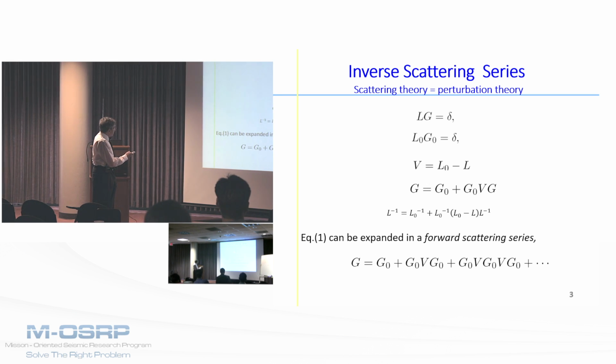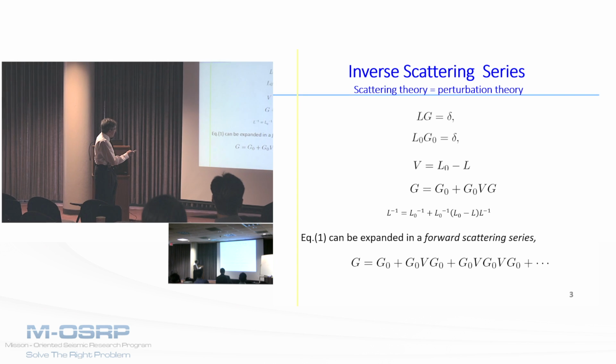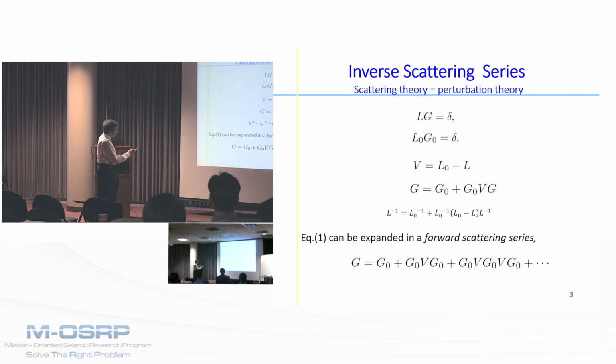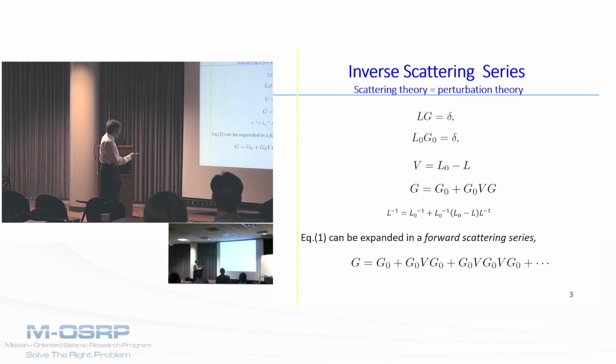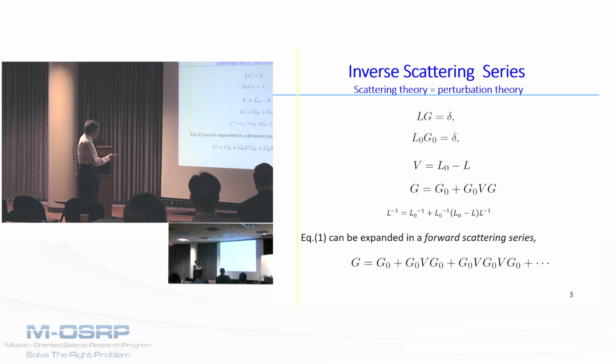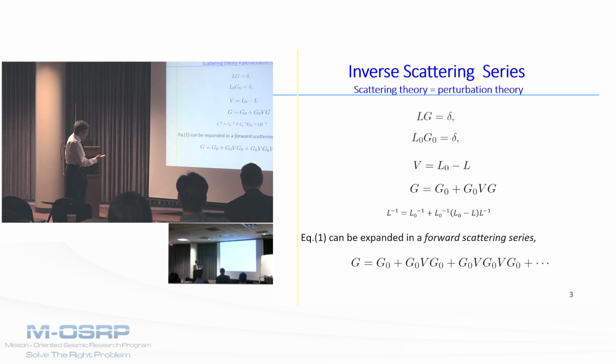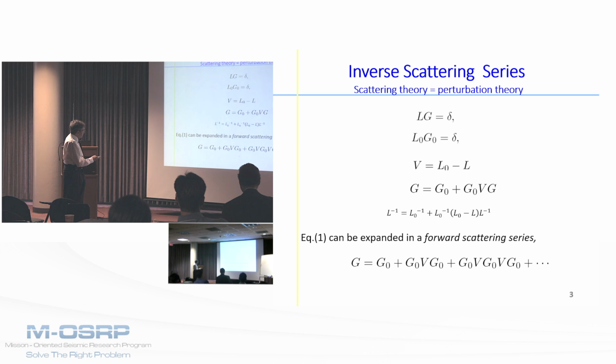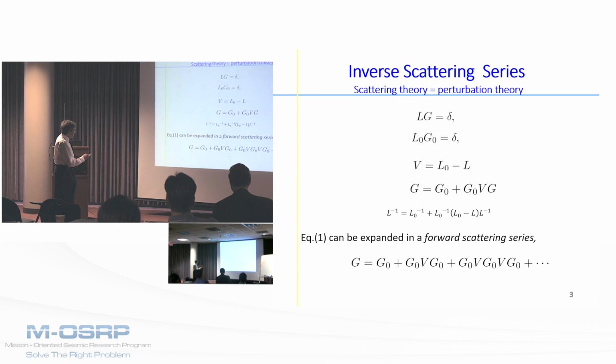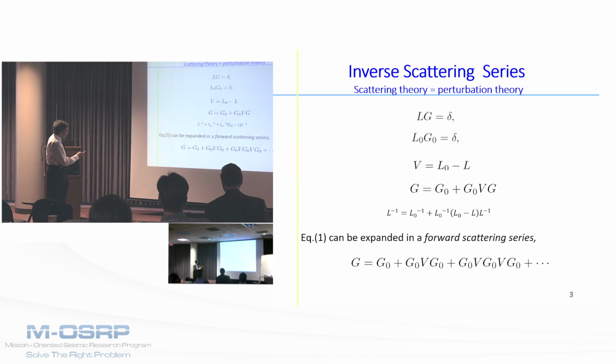And when you turned L0 into L, G0, the field, became G. V is the difference between the original and the new medium, if you like, and G minus G0 is the difference between the original field and the new one.